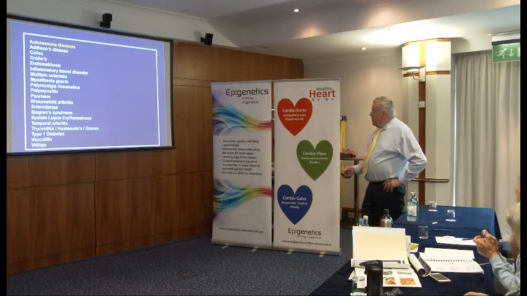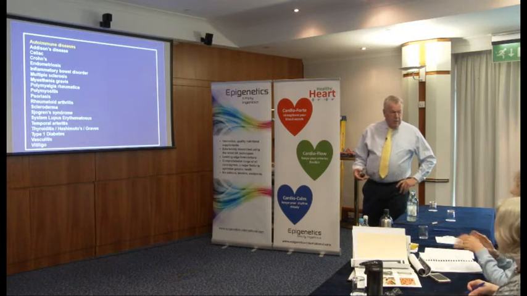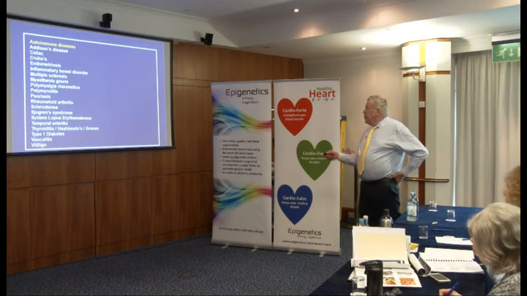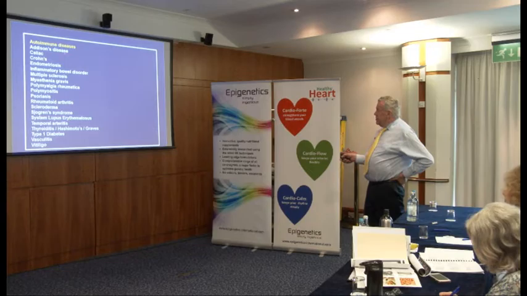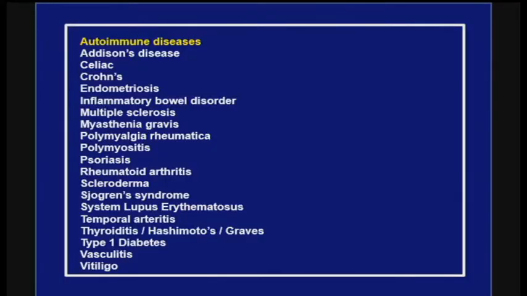So here is a list of the common autoimmune diseases, and there are probably quite a few hundred which fulfill this criteria, but the ones we mostly hear about are Addison's disease, where we've got burnt out adrenal cortex, celiac disease, where we've got sensitivities to gluten, gliadin, and maybe other proteins in grains, Crohn's disease, which is largely in the small intestine, hyperplasia, endometriosis, which is growth in the uterus, the endometrium, inflammatory bowel disorder.